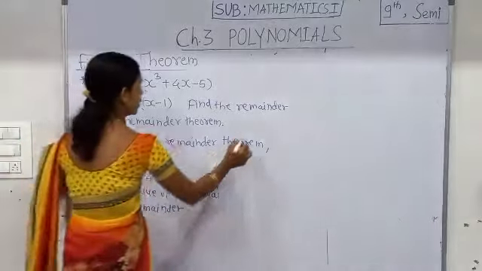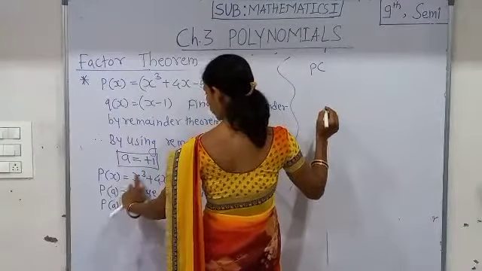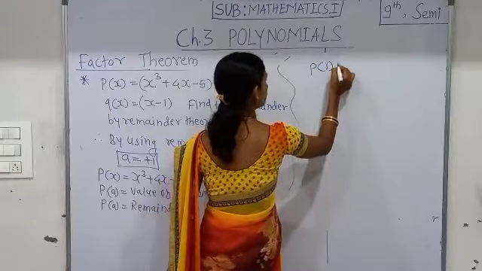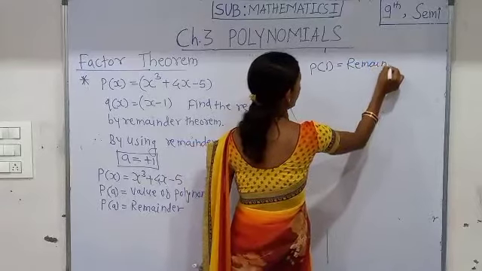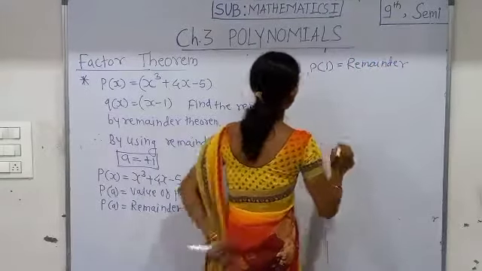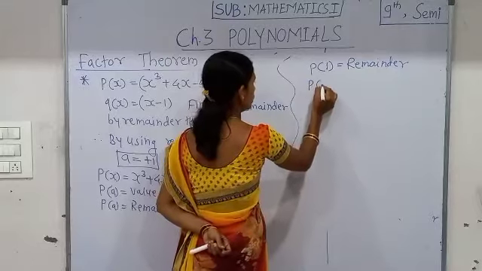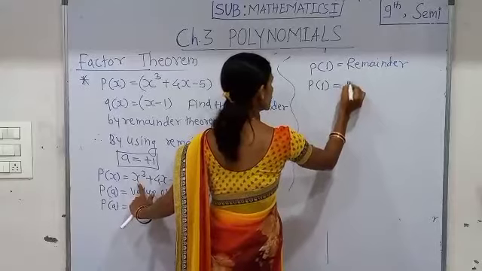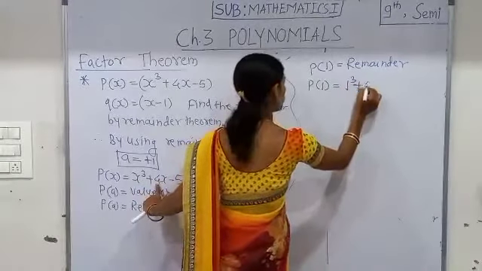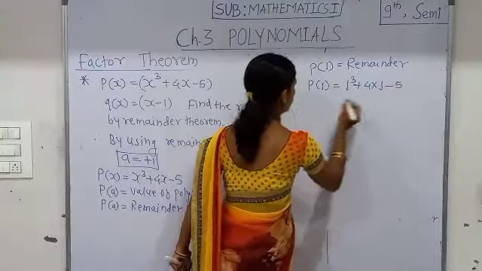Therefore, the value of a, that is plus 1, p(1) is the remainder of the given example of division. Therefore, p(1) is equal to 1 cube plus 4 into 1, that is 4x, minus 5.